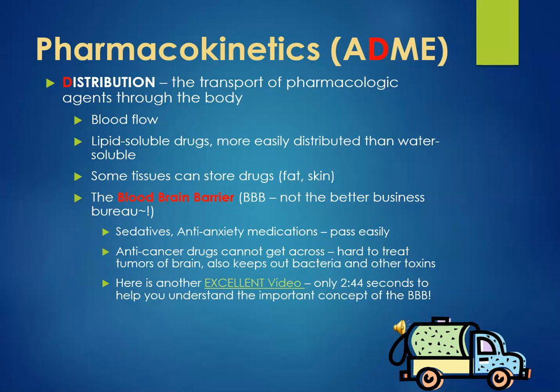So if you think about treating the brain for a tumor or something like that, it's harder, even a brain infection. And the purpose of having a tight BBB is to keep bacteria and other toxins out of the brain and the spinal cord, because once those are affected, we know that affects the entire person, the entire body, right?